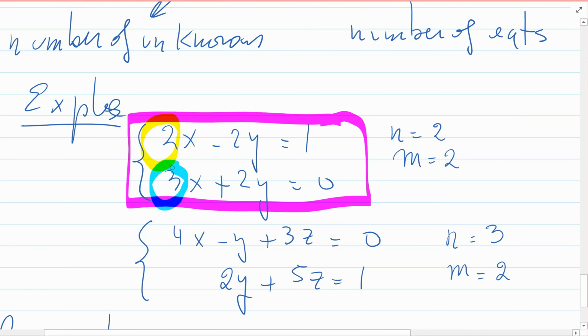This is the coefficient of the first unknown in the second equation, etc. So for example, minus 2 is the coefficient of the second unknown y in the first equation. So you see, the position of these coefficients depends on two numbers: first, in front of what unknown, and second, in what equation.